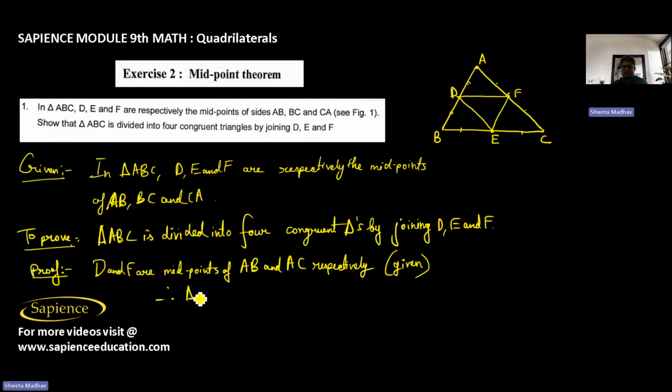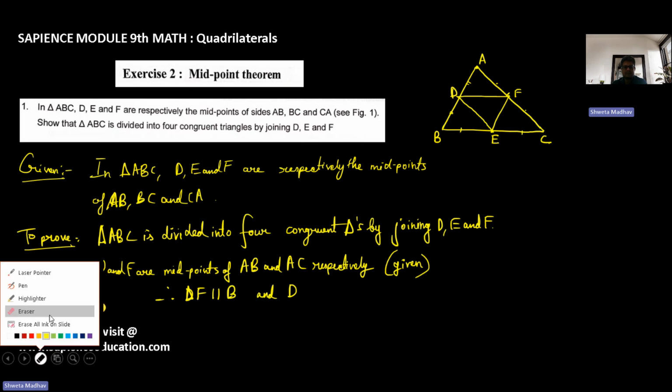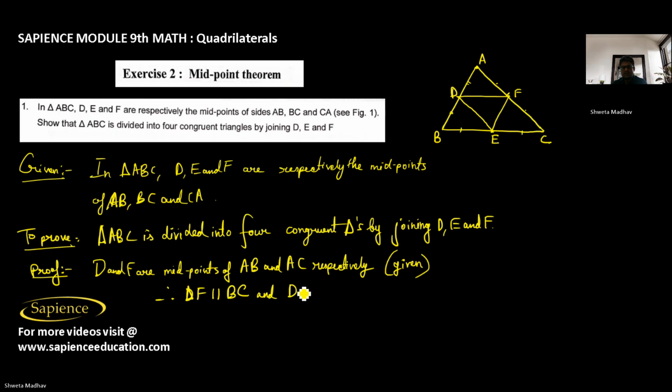So therefore, we can say that DF is parallel to BC, and DF equals half of BC, by using the midpoint theorem.